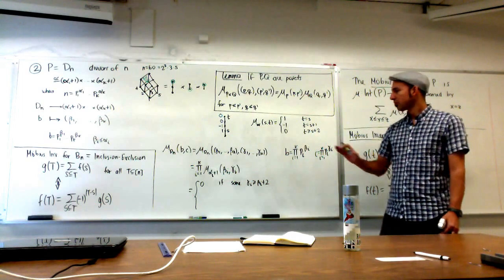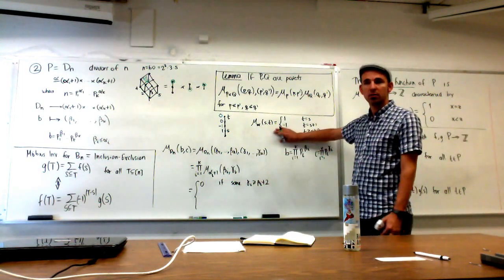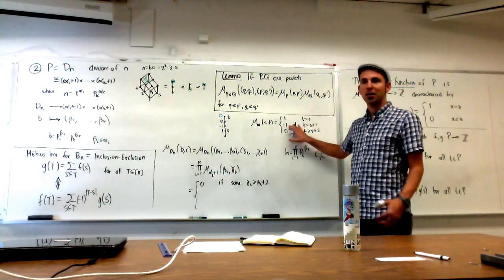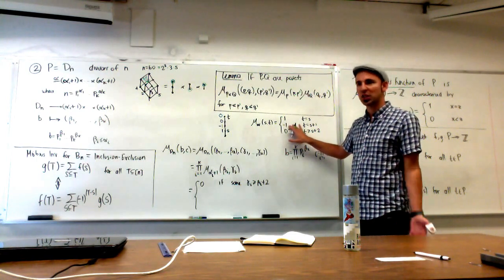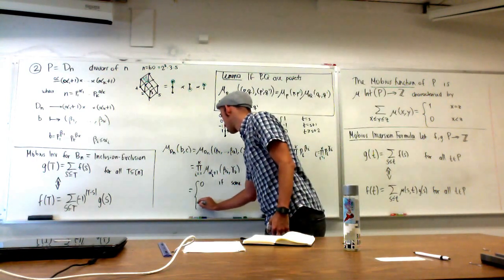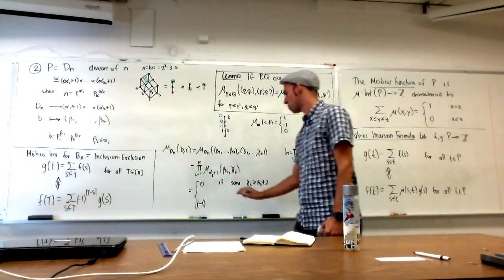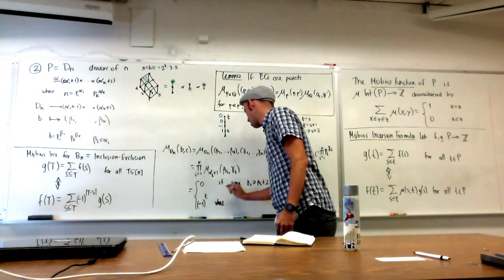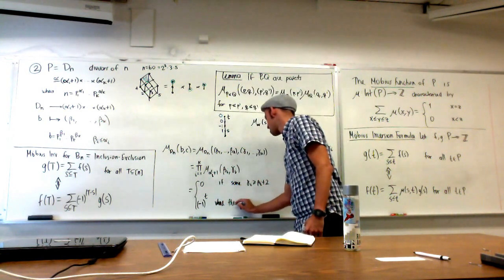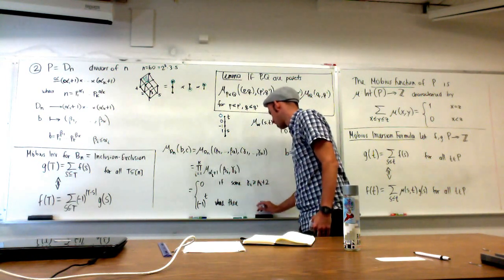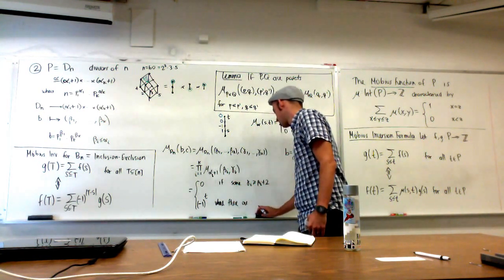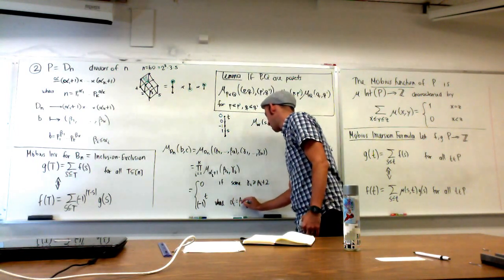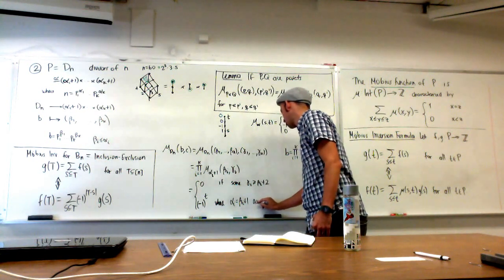And if that doesn't happen, then you just get a bunch of minus 1s and 1s. And again, 1 is pretty irrelevant to multiplication, so you just care about the minus 1s. How many minus 1s do I get? I get minus 1 to the t, where t is the number of times alpha i equals beta i plus 1 occurs.